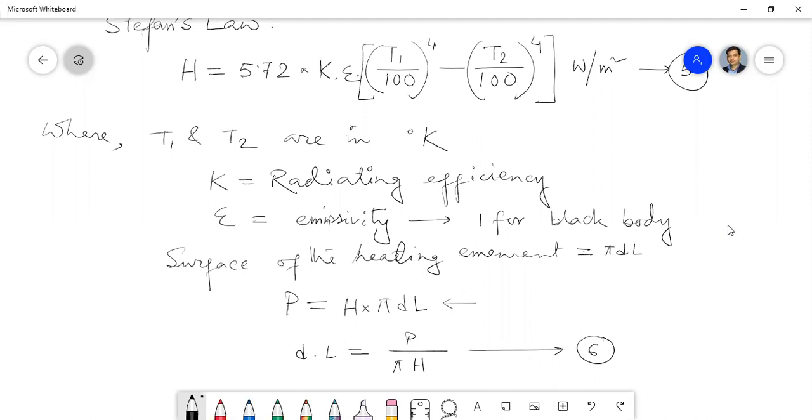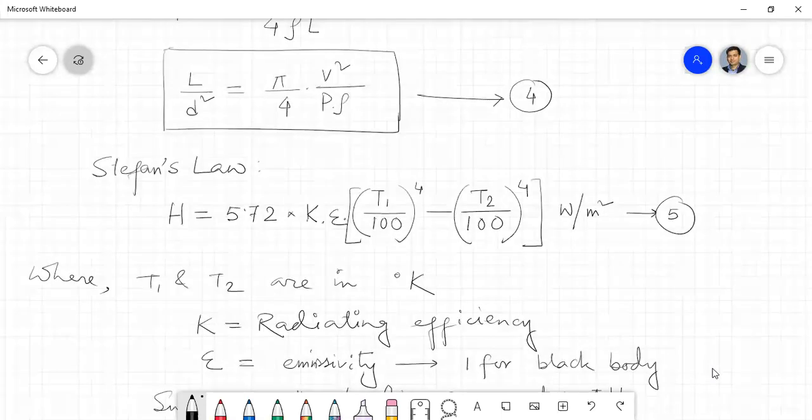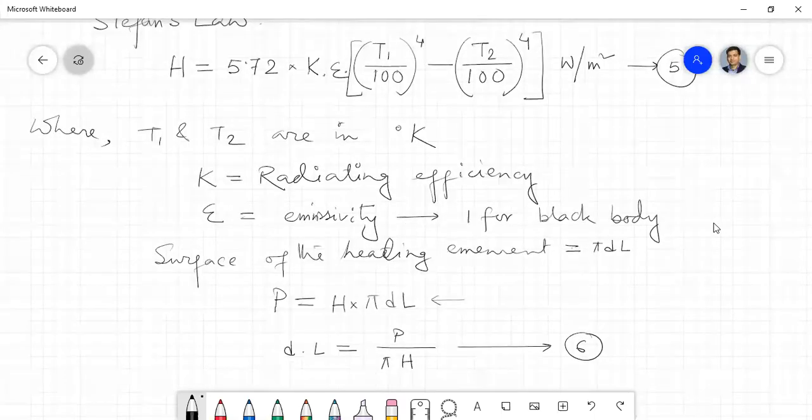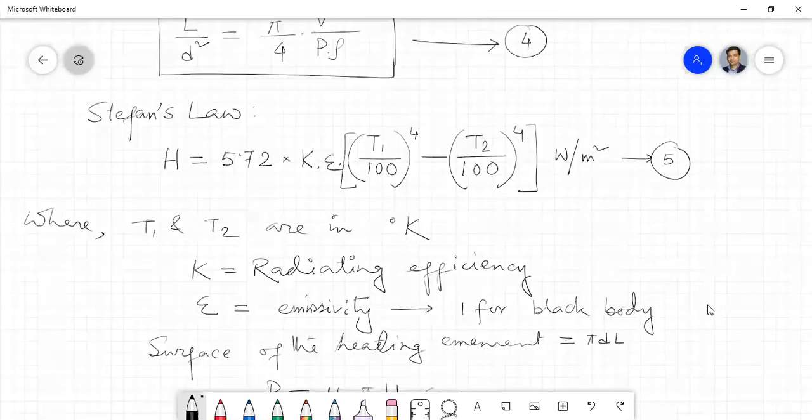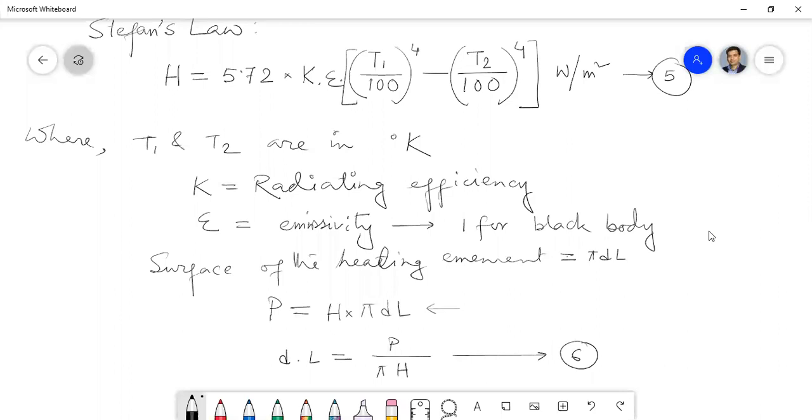Now you have two expressions, one is expression 4 and one is expression 6. Both are expressed in terms of design variables L and D. So now you can find the values of L and D by solving these two equations.